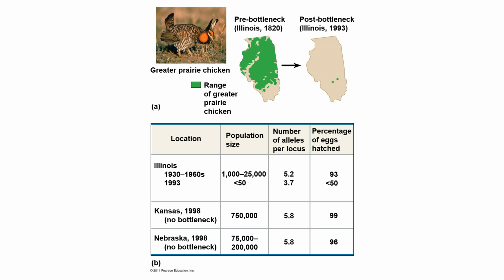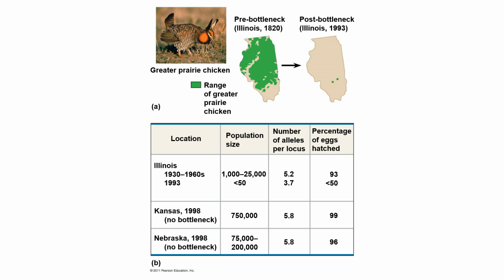Here, in Illinois, you're looking at their range in green. So this is pre-bottleneck. Post-bottleneck, when you start disrupting their habitat and reducing their range due to farming or whatever other effects that have reduced the population number.